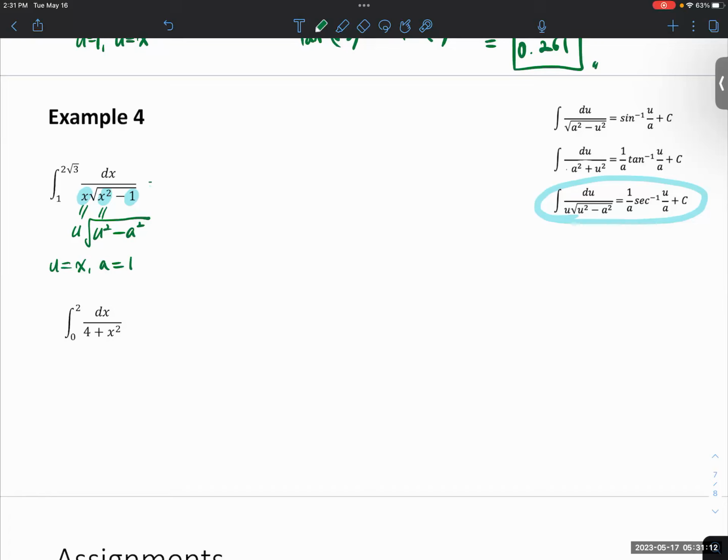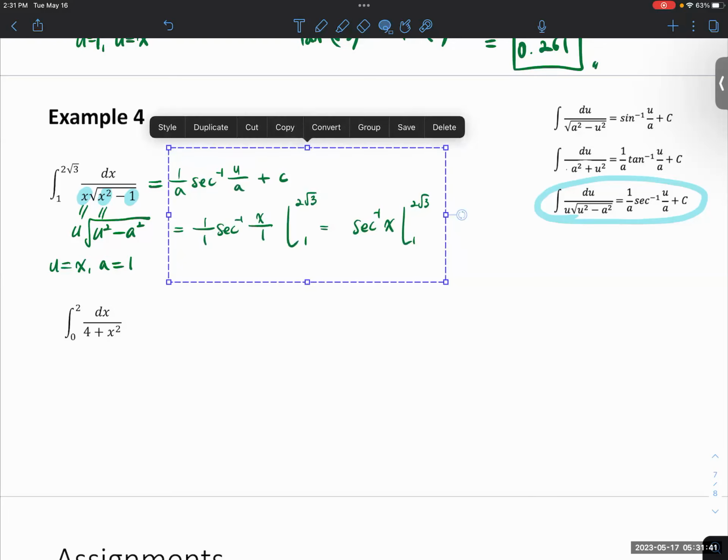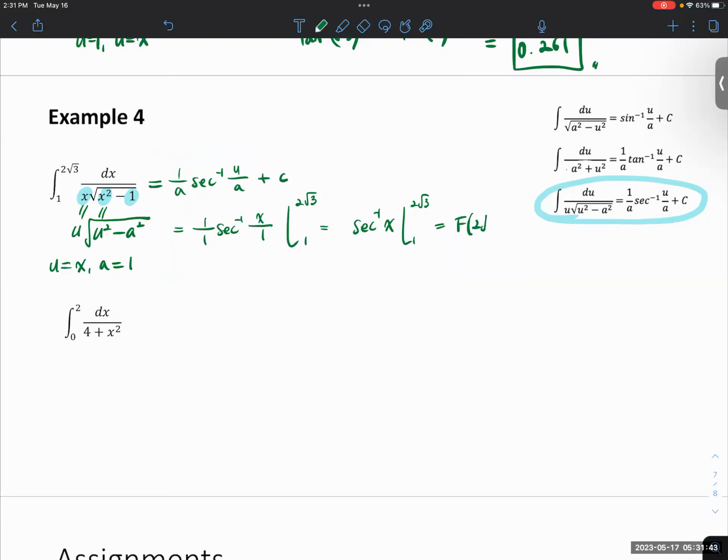So this is going to result in 1 over a secant inverse u over a plus c. So let's plug in 1 over 1, secant inverse x over 1, and here we have from 1 to 2 radical 3. If you simplify, secant inverse x from 1 to 2 radical 3, it means the value at 2 radical 3 minus the value at 1.